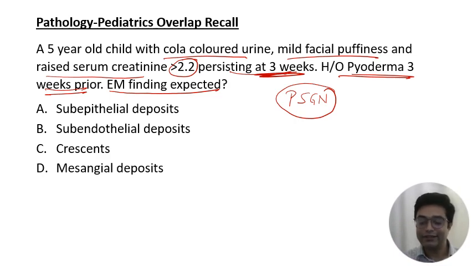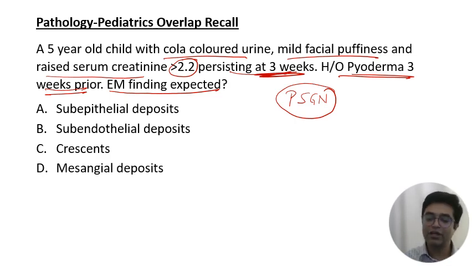Second thing is, there is nothing in this question to suggest the patient is going into RPGN. You will suspect RPGN if there is a rapid worsening happening in the patient, or there is azotemia, oliguria, or raised serum creatinine persisting more than 6 to 8 weeks. Normally, PSGN continues till 6 to 8 weeks and then there is a rapid recovery in the patient.